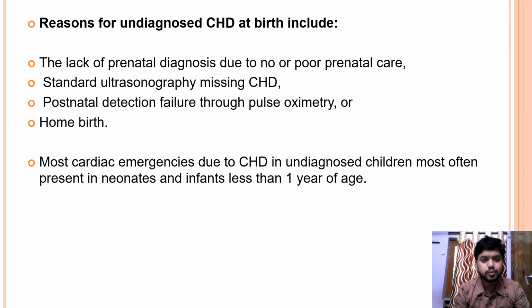There is also failure to use pulse oximetry, because most centers, including government centers, lack pulse oximetry checking in the pediatric age group after birth, and in home birth scenarios.